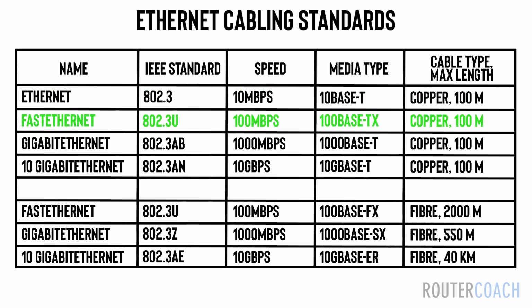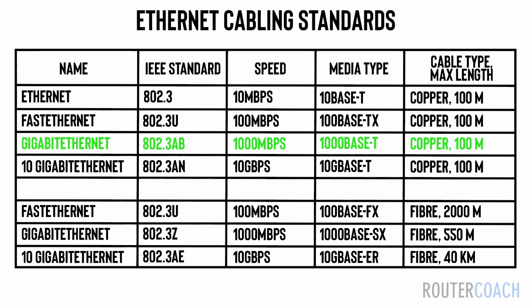100BASE-TX. This is a fast Ethernet standard that provides a maximum data transfer rate of 100 megabits per second. It also uses twisted pair copper cables and supports a maximum cable length of 100 meters. 1000BASE-T. This is a gigabit Ethernet standard that provides a maximum data transfer rate of 1 gigabit per second, Gbps.